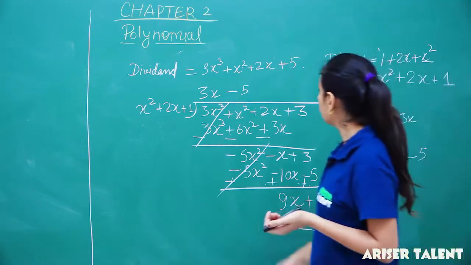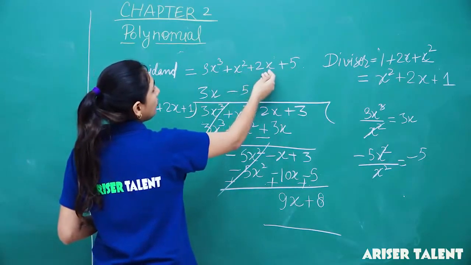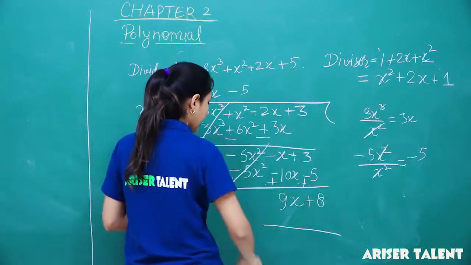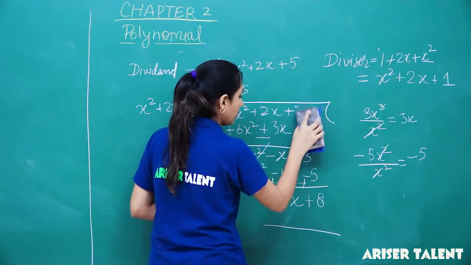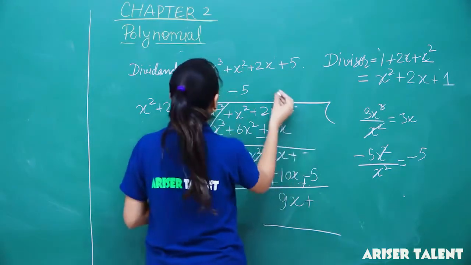Okay, so this is 3x cube plus x square plus 2x plus 5, and we have written this wrong here, here and here. So I am going to do a minor correction.